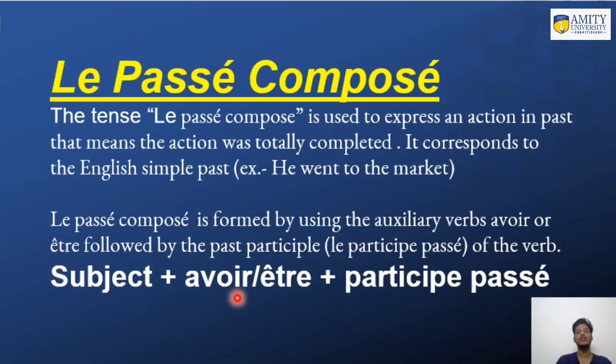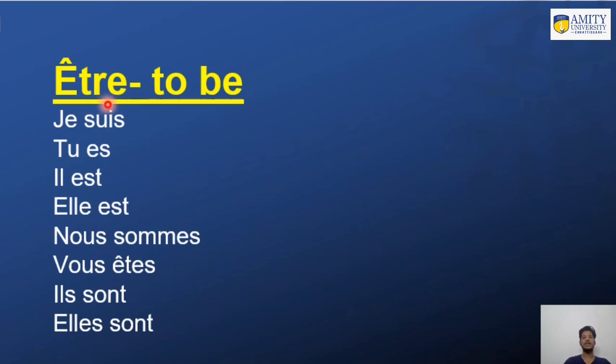So these are participes passés. As we have learned how to make le passé composé with avoir, just forget it for today. Just remember: subject plus être plus participe passé. Être means to be. So we know what is the subject, what is the participe passé, but what is the conjugation of être? The conjugation is here: je suis, tu es, il est, elle est, nous sommes, vous êtes, ils sont, elles sont.